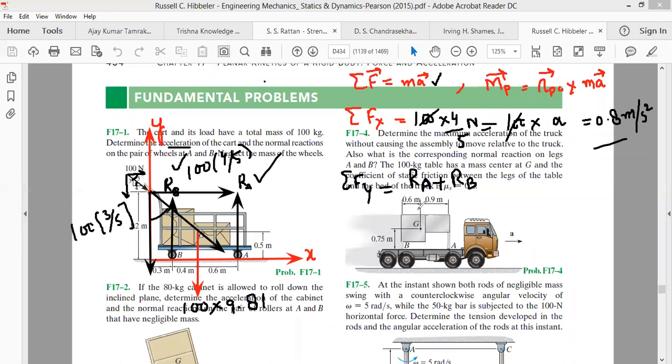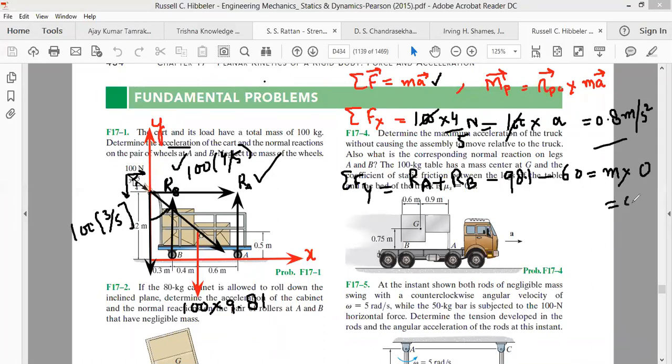We have the gravitational weight acting in the downward direction, that is minus 100 into 9.81, that is 98.1. We have a force of 100 into 3/5, that is 60 Newton, acting again downwards, that will be minus 60 Newton. No other force is acting along the y-axis, therefore this has to be equal to mass multiplied by acceleration along the y-axis. The cart is neither going up nor going down. It does not have motion along the y-axis, therefore its acceleration along the y-axis will be 0.